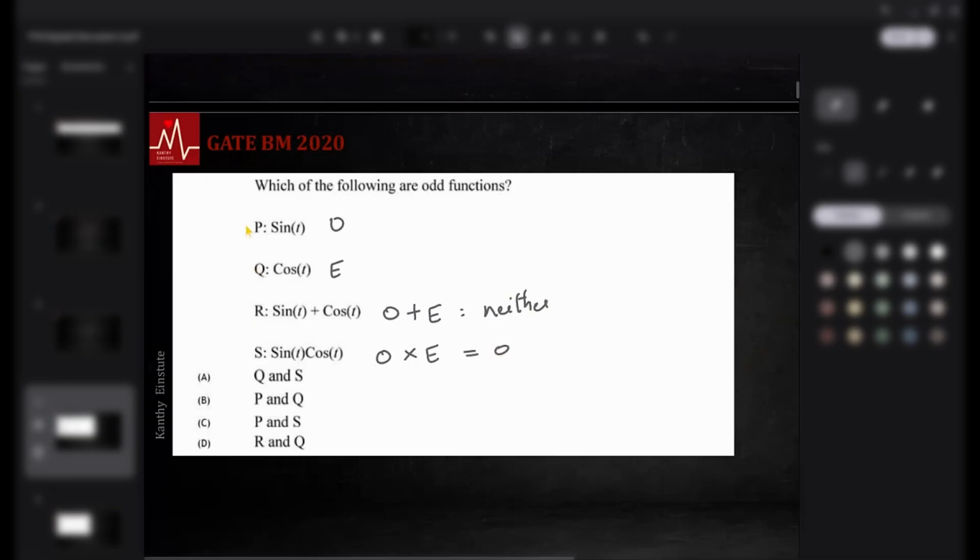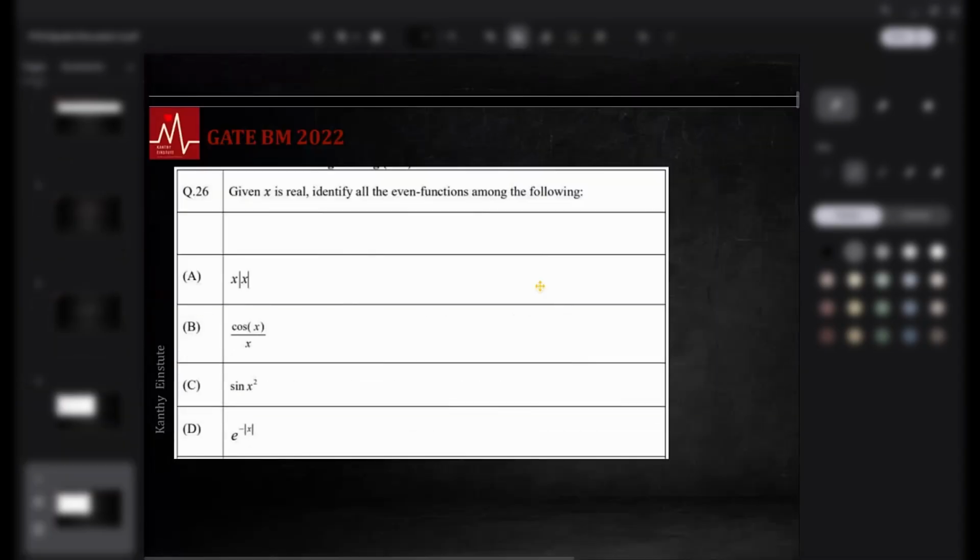So P, yes, C. Is odd into even, even by odd, corresponds to odd into even, odd, odd. What goes in?